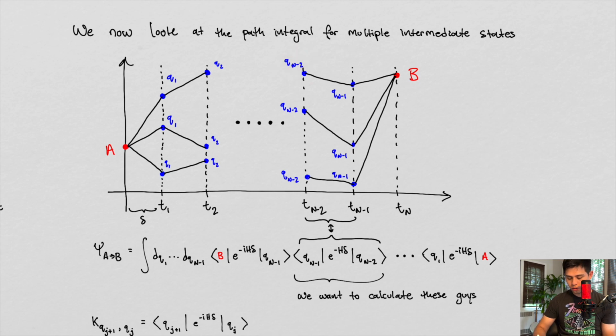So if we're going through 15 states from A to B, Qn minus 1 is 14, and Qn minus 2 is 13, and so on.